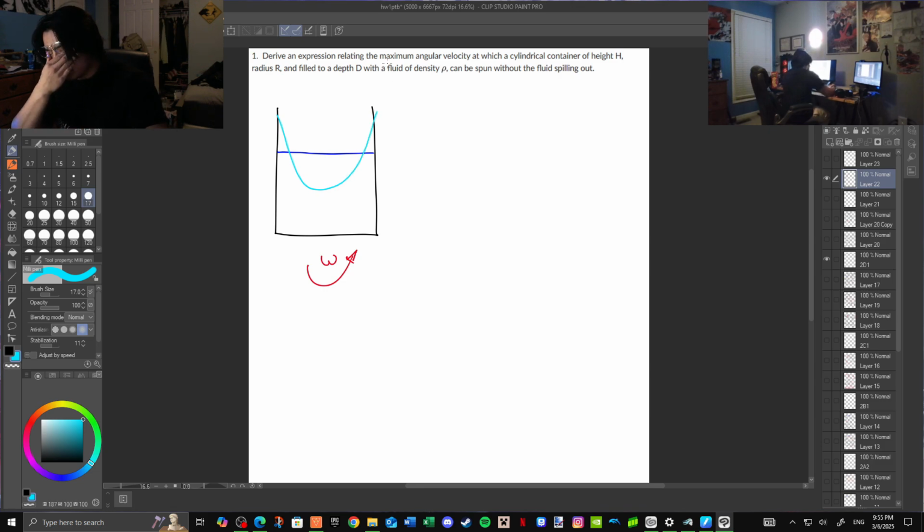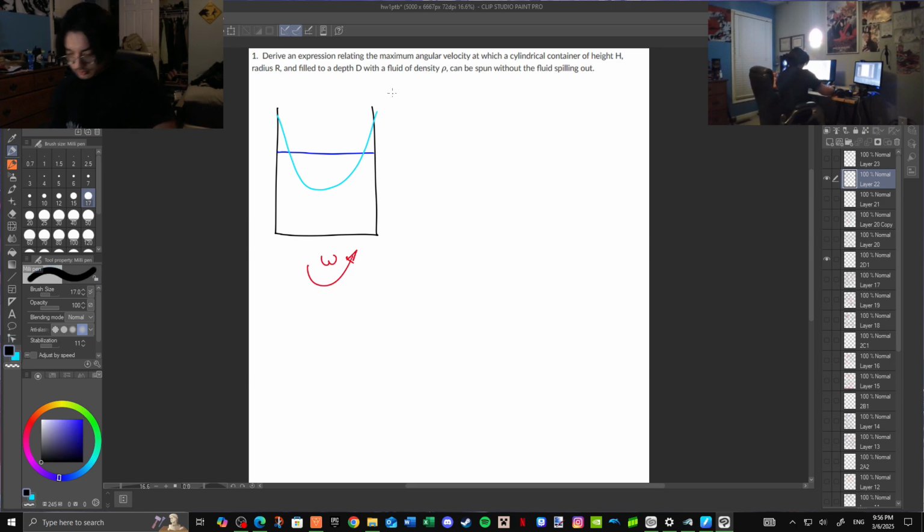And we're supposed to find the maximum angular velocity at which this container can spin in order for the fluid not to spill out. So we need to find the maximum angular velocity at which the fluid can stay in the container.